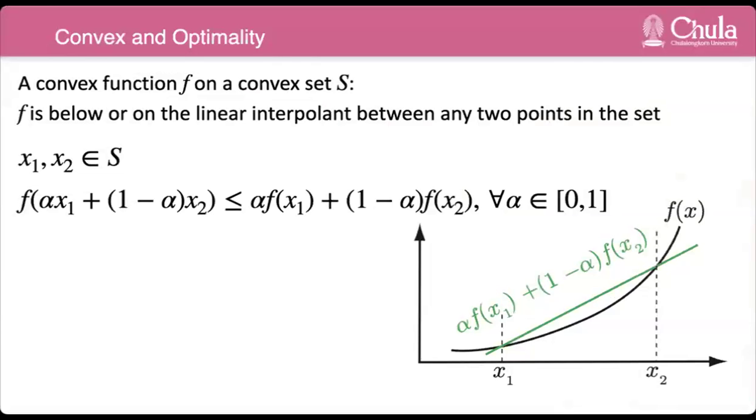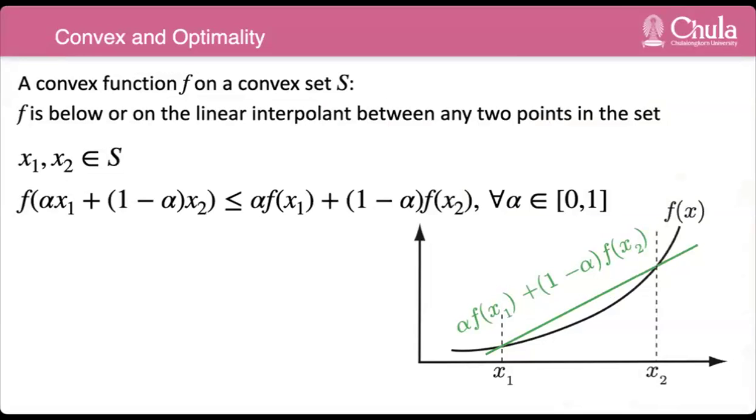The first thing you learn is the convex set. And the second thing is the convex function. For a convex function, the concept is quite similar, but it's defined in a different way. It is about the function only.